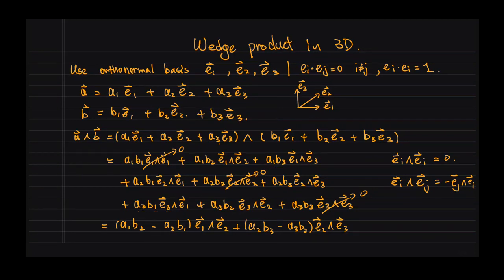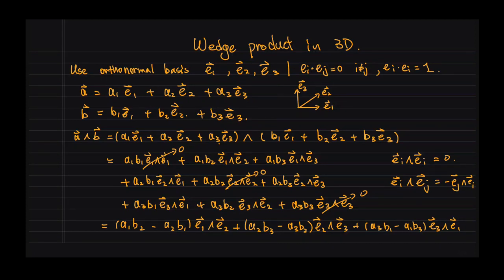So it will become A3 B1 minus A1 B3, and we have E3 wedge E1.